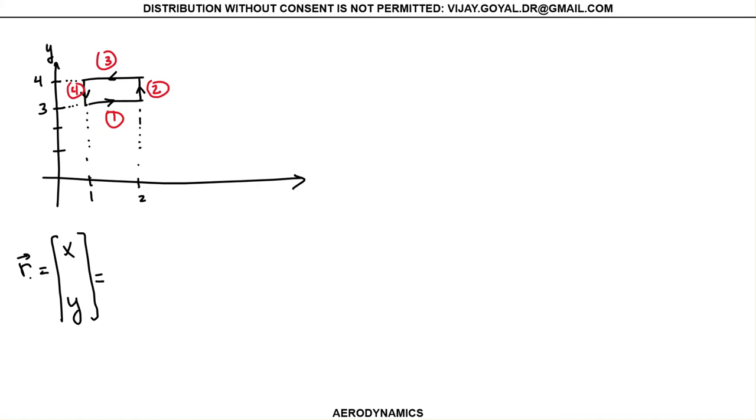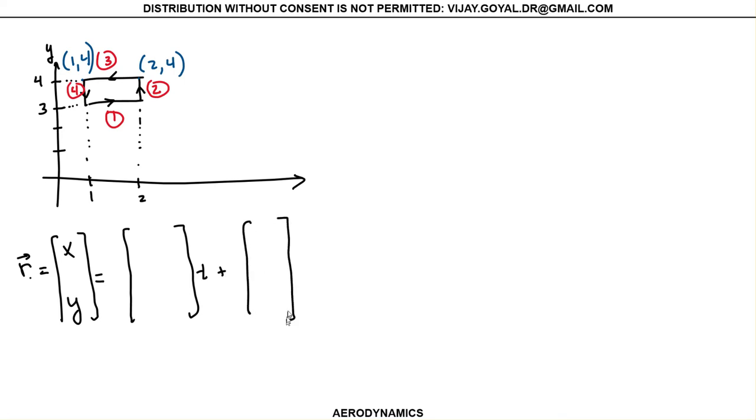In segment number 3, what we want to do is write the coordinates again. The initial coordinates here are 2, 4, and the coordinates here are 1, 4. This is the final coordinate. So when I write my vector, I'm going to write my vector times something times t plus my initial coordinates. Again, this is only applicable for straight lines.